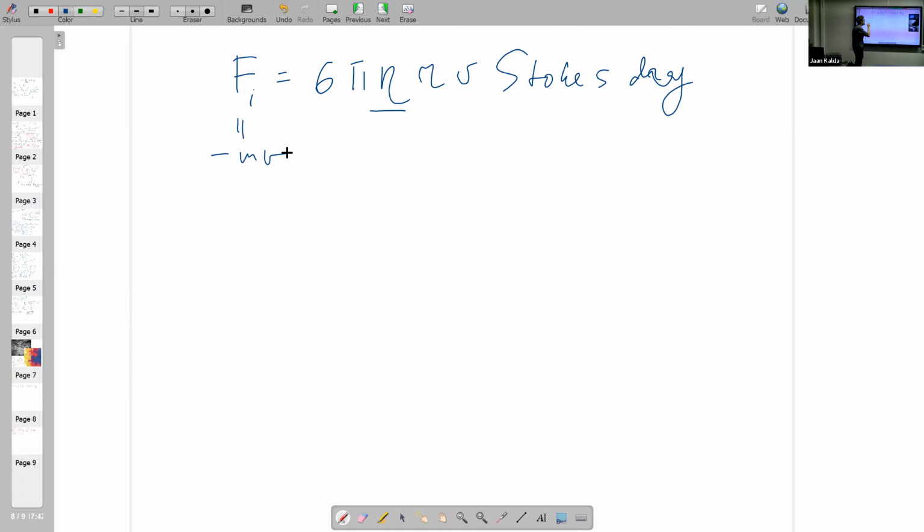Now this is v relative: the speed of the particle relative to the fluid, and here is the speed of the fluid. So V_R is v particle minus v fluid.